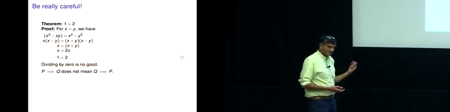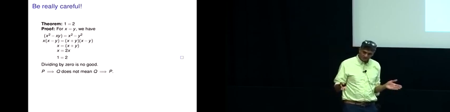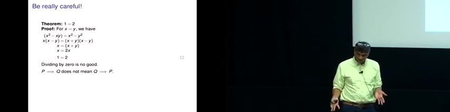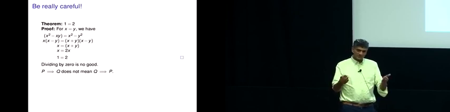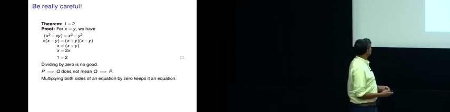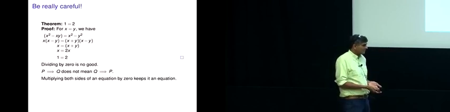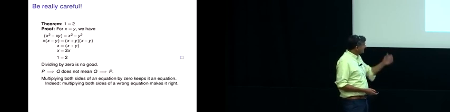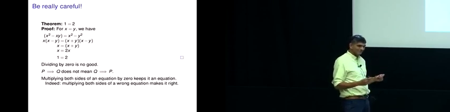If you multiply both sides of an equation by the same number, the equation will still be satisfied, but it doesn't mean the reverse works, right? So multiplying both sides of an equation by 0 does keep it an equation, but in fact, multiplying both sides of a wrong equation by 0 makes it right.